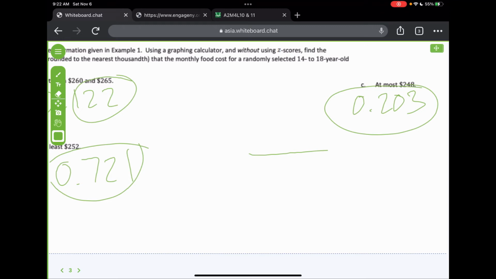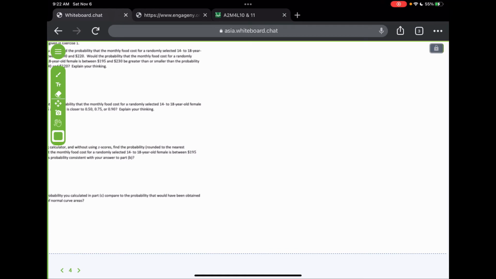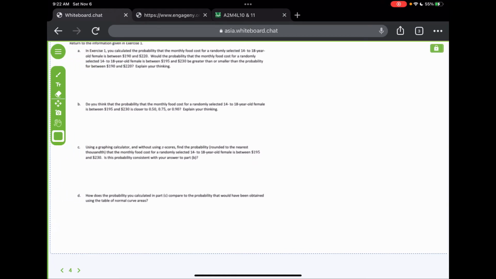Now, let's go to page 4. It says, still looking at exercise 1. Now, exercise 1 was talking about the cost plan for females. Okay?